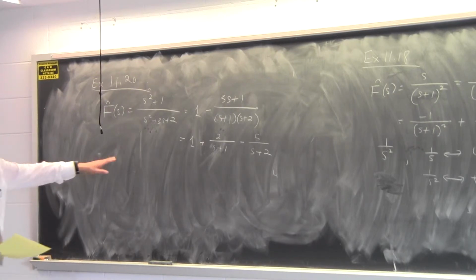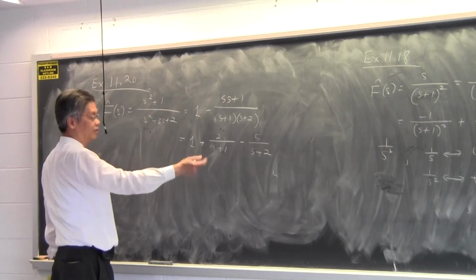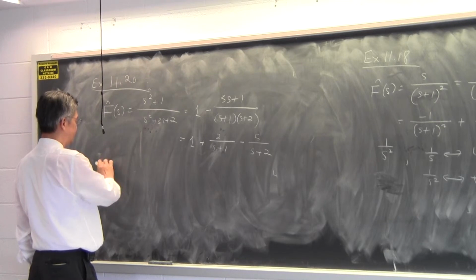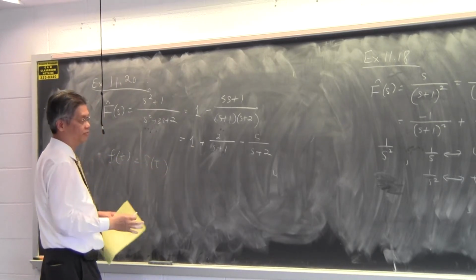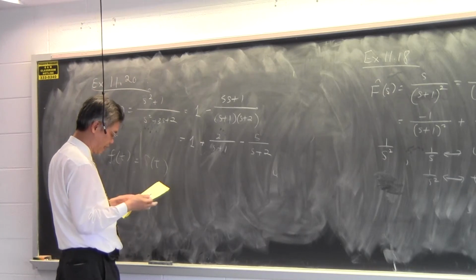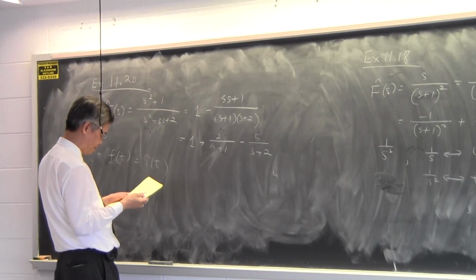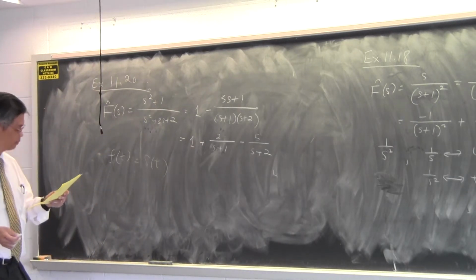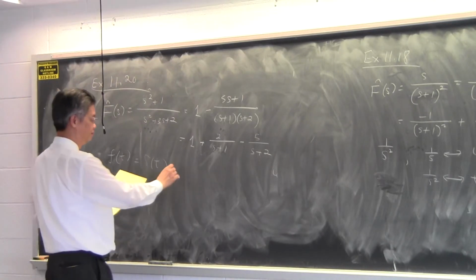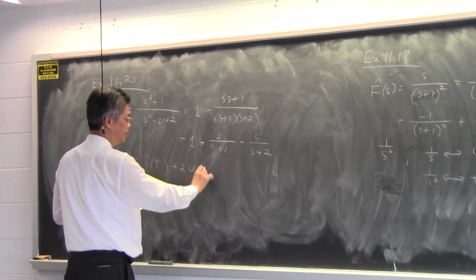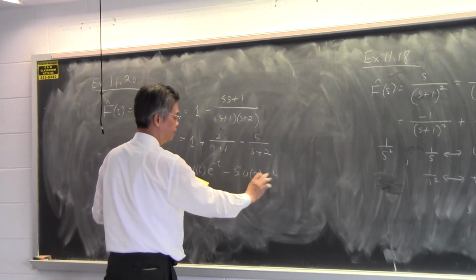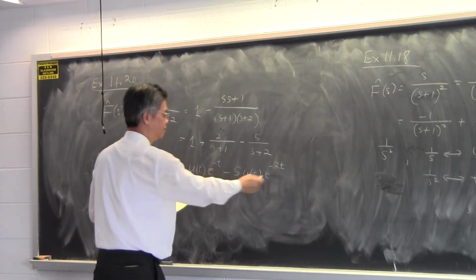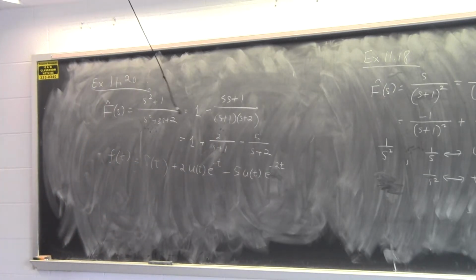It's 5. And then I can do the inverse Laplace transform now. This one Laplace transforms to a delta function. The other one just Laplace transforms to exponential functions. Okay? Exponential functions. Maybe 2 e to the minus t u(t), and then it's 5 e to the minus 2t u(t). Something like this. Okay? Is this clear or not clear?